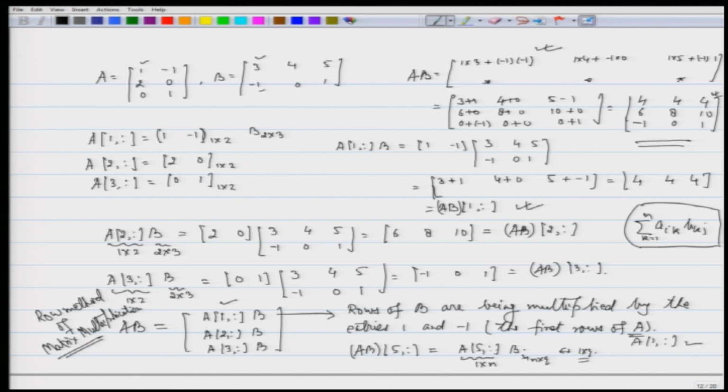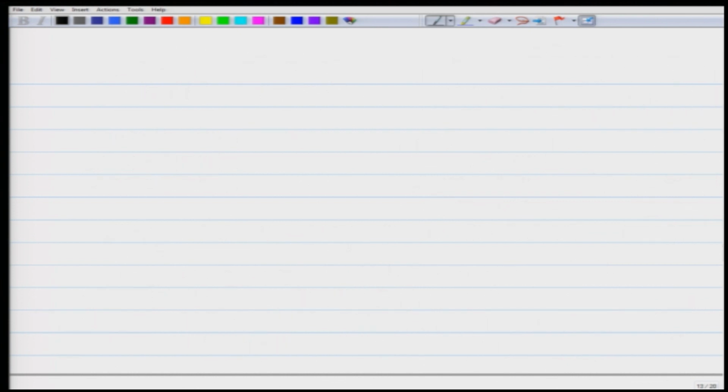All right. Now, let us learn what is called the column method of matrix multiplication. So, we will be looking at columns to multiply things. Again the same example, I have A as 1 minus 1, 2 0 0 1, and B is 3 4 5, minus 1 0 1.